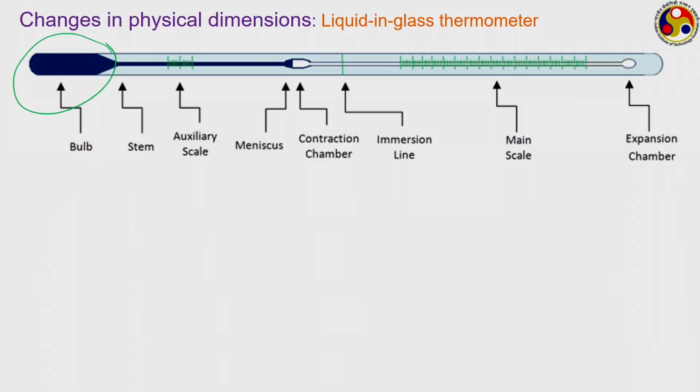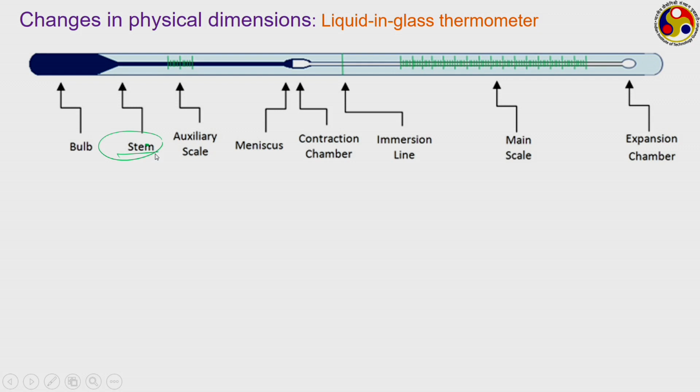The volume of the bulb needs to be carefully designed so that it can house just enough fluid to provide the entire scale without overflowing. And the thermal expansion coefficient of the bulb and the corresponding glass tube should also be compatible with that of the liquid. Then after the bulb we have the stem.